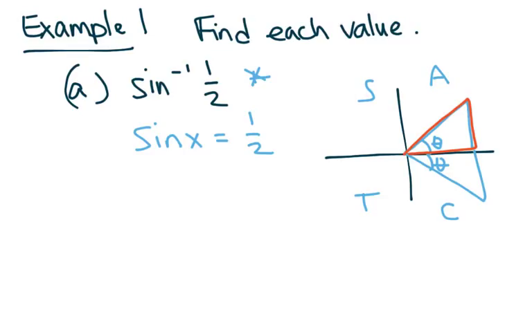Well, which angle had a sine of 1/2? You can do your hand trick. You can take out your unit circle, and you're going to find out that it is the 30-degree angle, which is pi over 6. And that angle falls under our restricted domain.